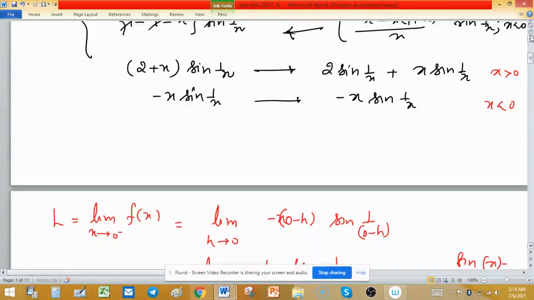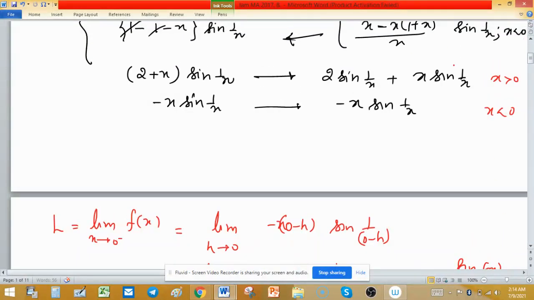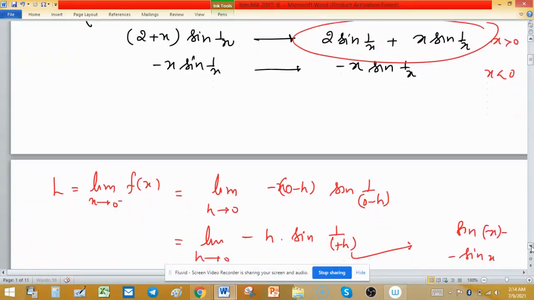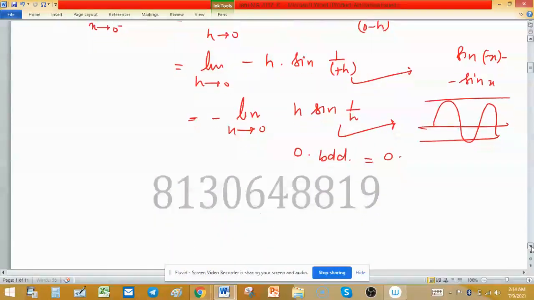The expression for the right hand limit is this, as I ovaled by the red marker: 2 sine 1 upon x plus x sine 1 upon x.